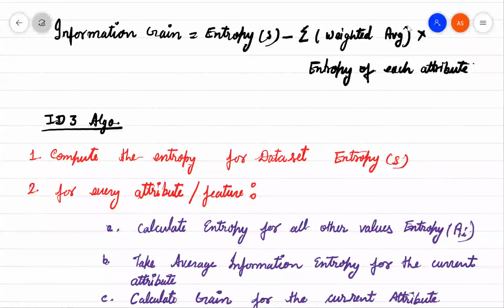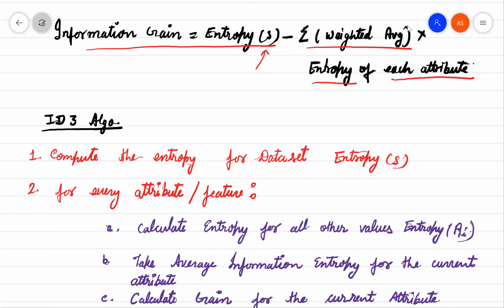The formula for information gain is equal to entropy of S, where S is the entire data set, minus the summation of the weighted average multiplied by the entropy of each attribute.